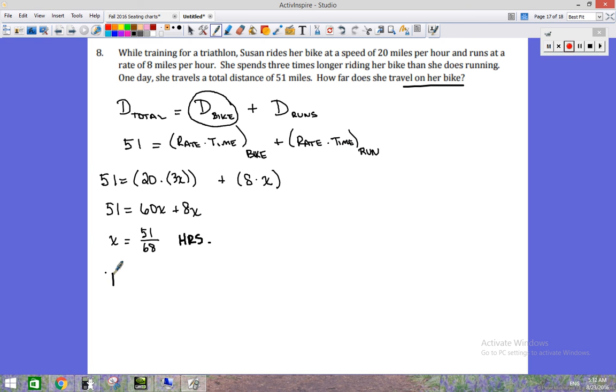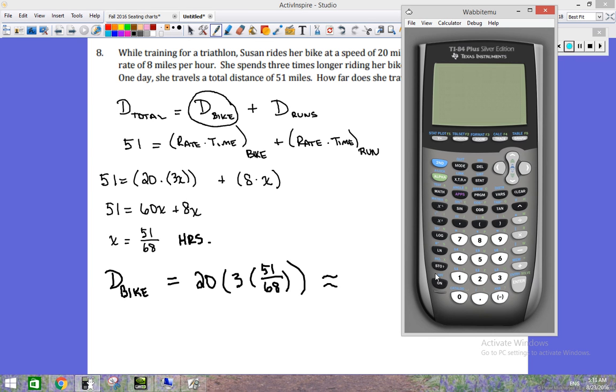Now, it wants how far she traveled on her bike. The distance that she went on her bike is the rate times time: a rate of 20 miles per hour on her bike, and she biked 3 times the length of time that she spent running. So this should give us our final answer.